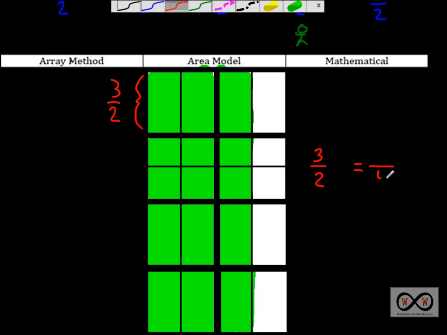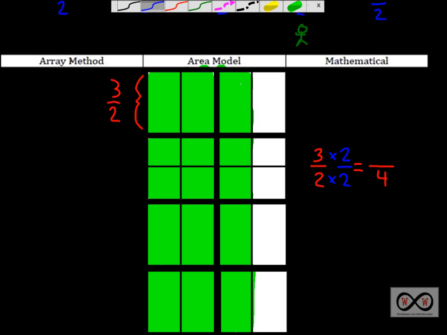Mathematically, we can handle this. We can say, okay, 2 times what equals 4? I bet you're thinking 2 times 2 equals 4, and you'd be right. So good for you. And what you do to the denominator, which we did first this time, you have to do to the numerator.